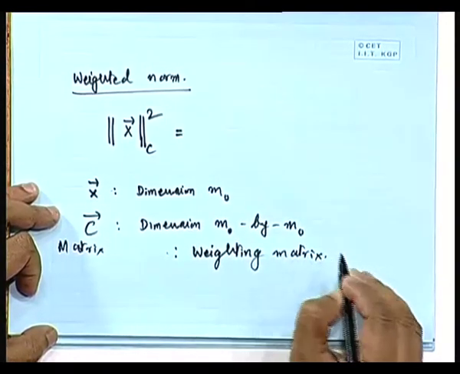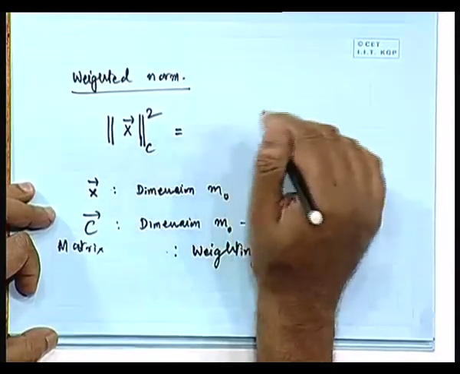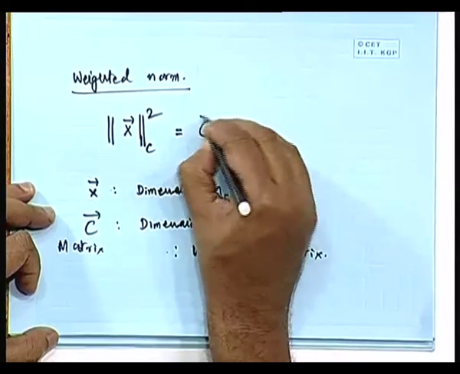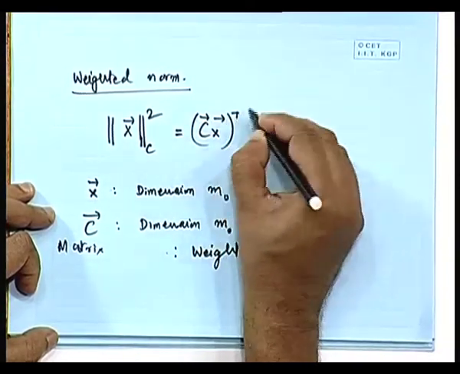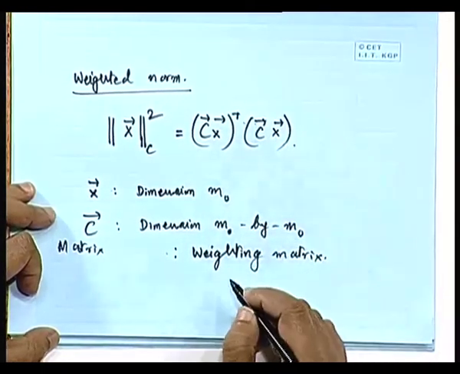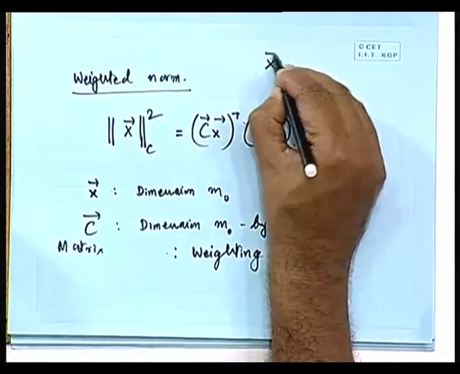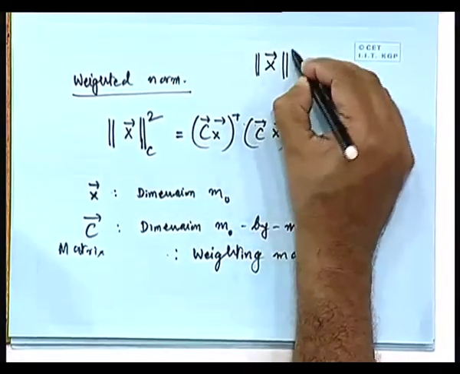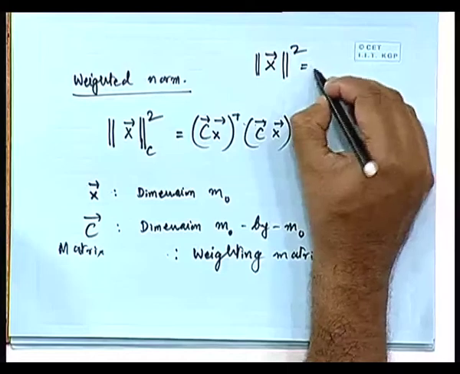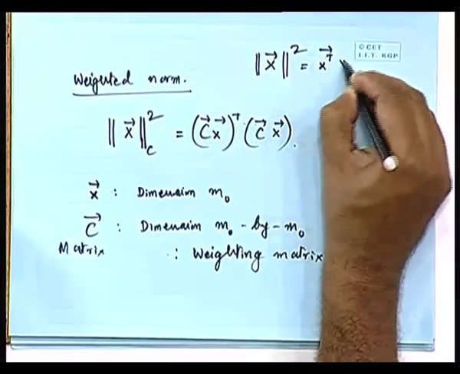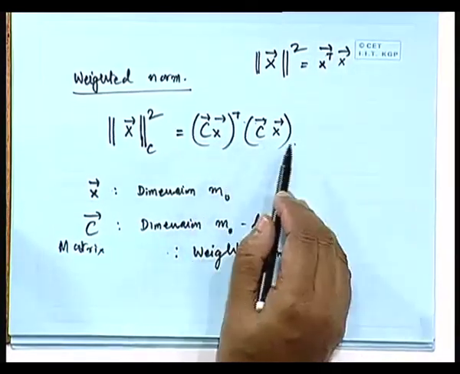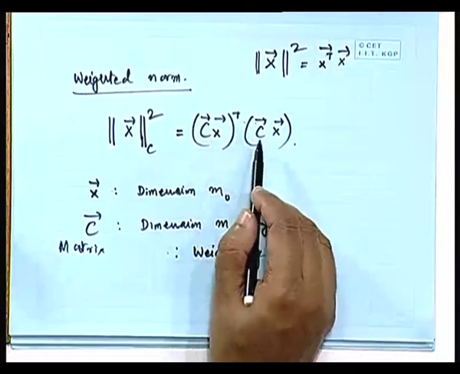Using this weighting matrix, the weighted squared norm could be expressed as Cx transpose times Cx. This is very similar to the Euclidean norm, because in the normal Euclidean norm, the squared norm of x becomes x transpose x. Here, instead of x transpose x, we are getting Cx transpose Cx.